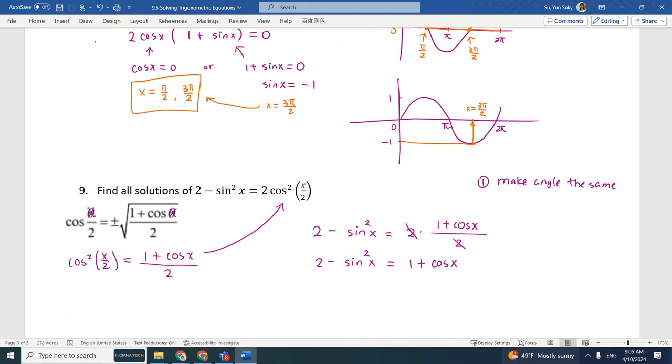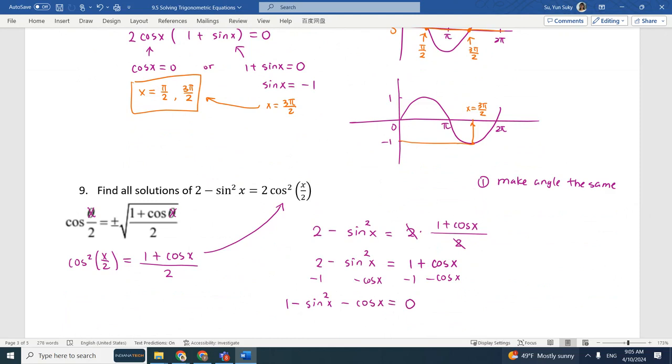And then look at these equations. Let's move all terms on one side. Let's subtract 1 on both sides and also subtract cosine x on both sides. Then what is 2 minus 1? 1. So we get 1 minus sine squared x, and we also have minus cosine x equal to 0.